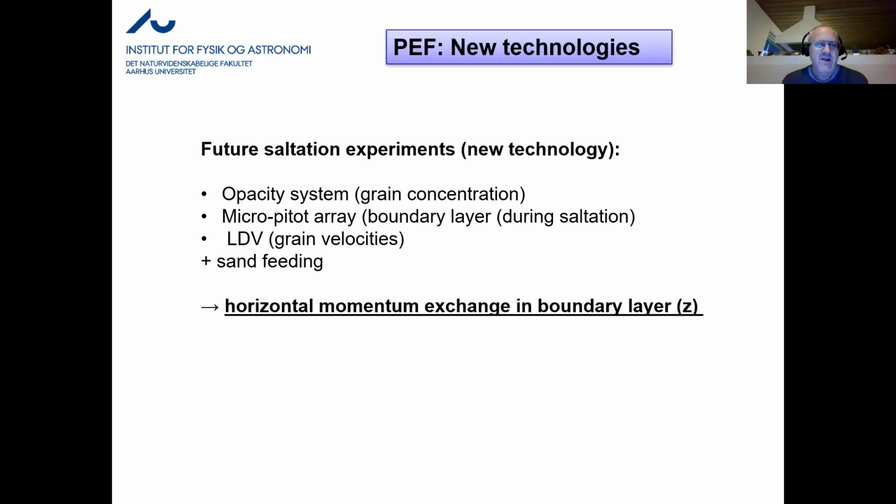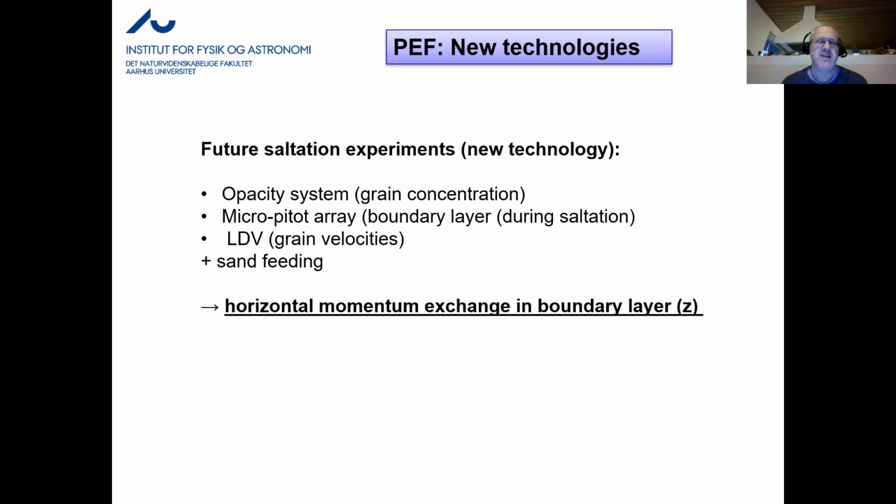We have an LDV, but a combination of these gives you an awful lot of information about the saltating grains. It can give you the wind boundary layer, the grain concentration, and if you use the laser Doppler velocimeter, you can get the grain velocities as well, all simultaneously in principle. We haven't done this yet. We would like to try next year, I think.